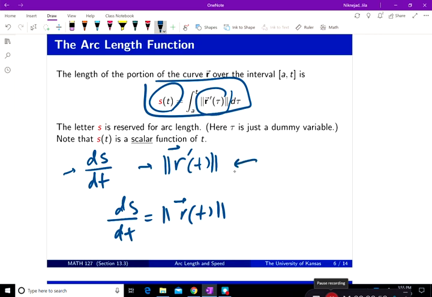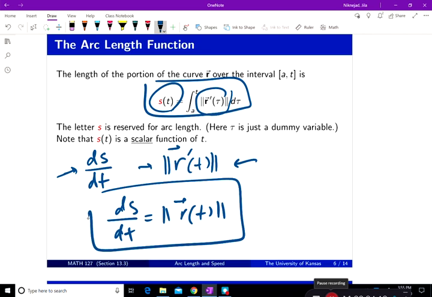So the magnitude of the velocity and the instantaneous change in the total distance traveled are the same thing, and they're both the speed. The speed is going to be that derivative.